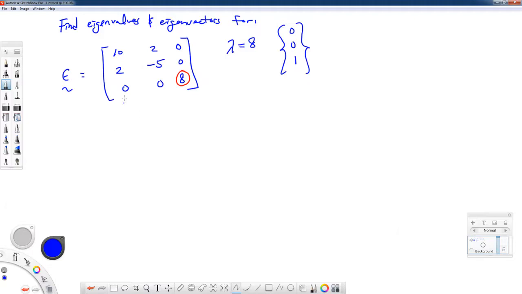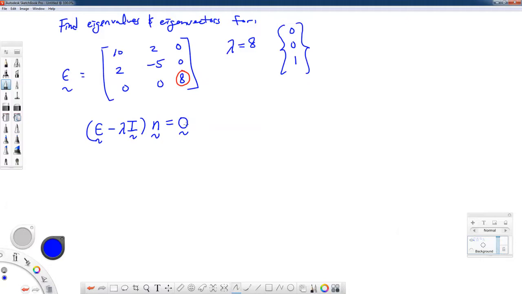So now we can immediately reduce this problem down to a 2x2 problem. To state the eigenvalue problem, in general what we're trying to do is solve epsilon minus lambda I times n is equal to 0, where the right-hand side is the 0 vector, and n is not the 0 vector, n is a unit vector.